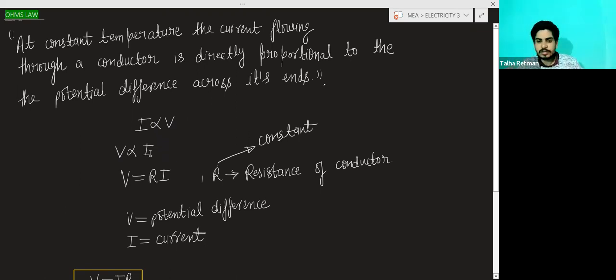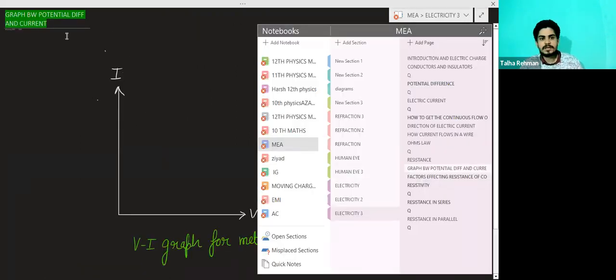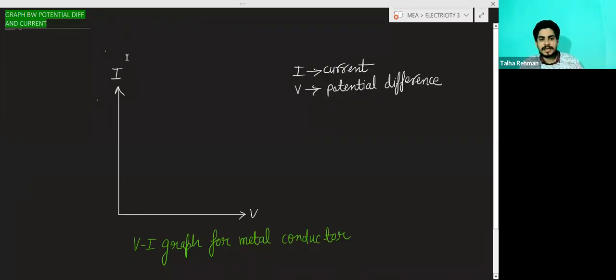And if we draw the graph between the potential difference and the current, we will get a straight line graph. On the y-axis there is current, on the x-axis there is potential difference.